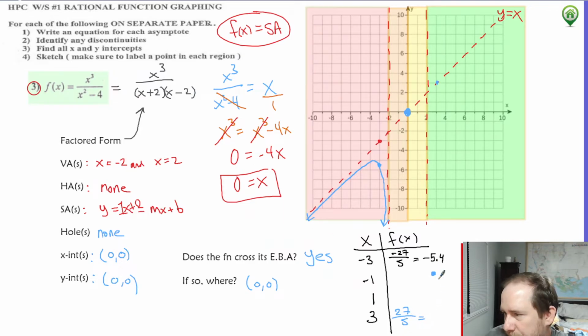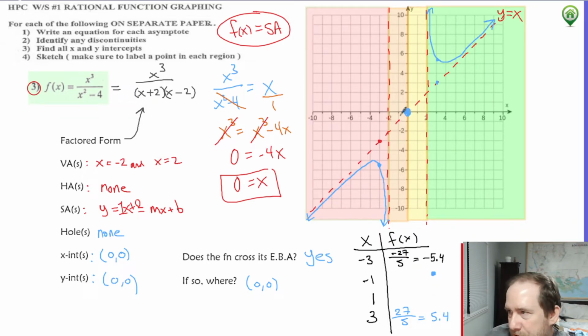So you can see we again get exactly the same value of 5.4, but it's positive 5.4, so I am, in fact, above. So I do expect my graph to come down the vertical asymptote, hit that point, probably continue just a little bit further down, and then turn and go back up along the slant asymptote. So there's 2 of my branches.